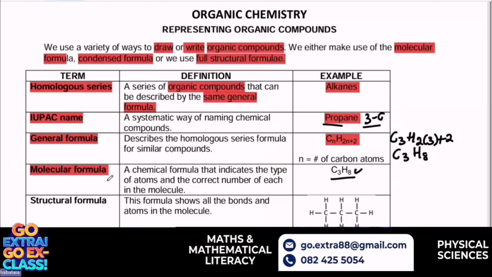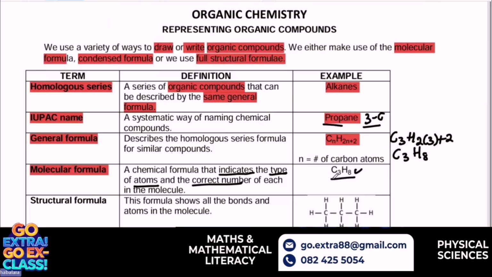So what is the molecular formula then? A chemical formula that indicates the type of atoms and the correct number of each in the molecule. In the molecule we're discussing here, which is propane, the molecule has 2 types of atoms: carbon and hydrogen.